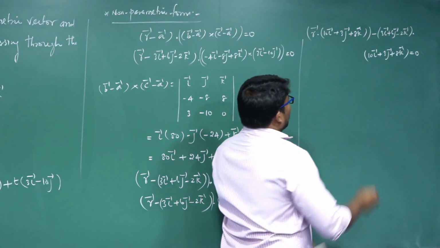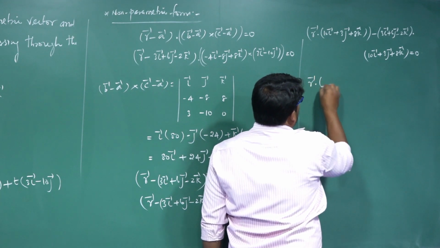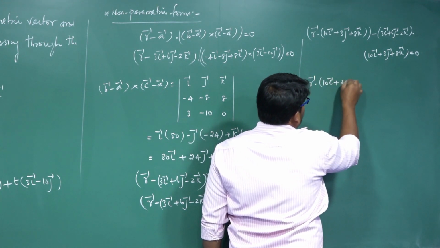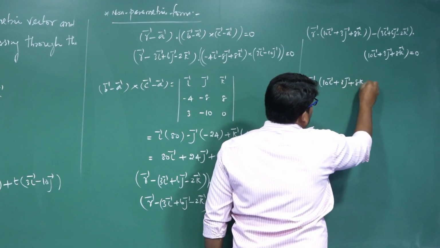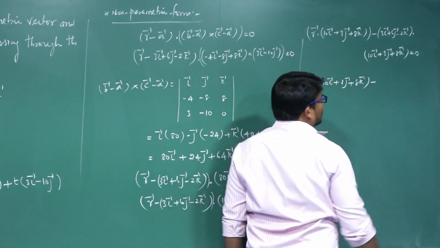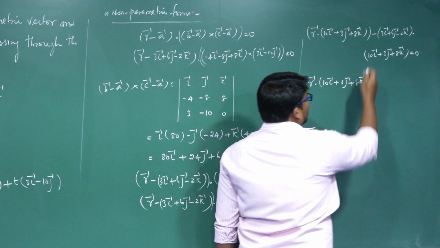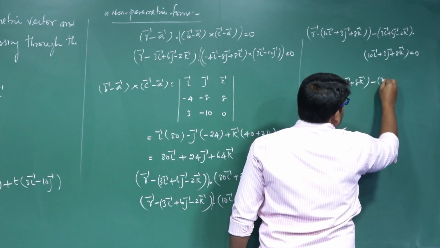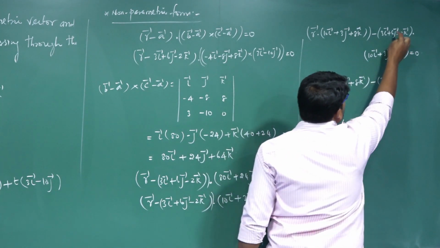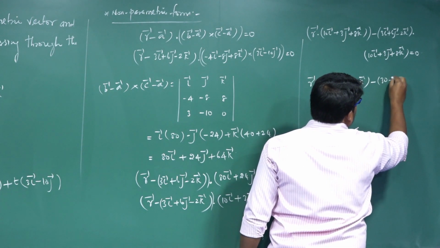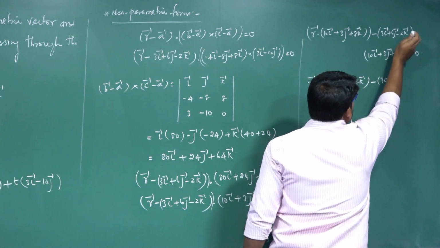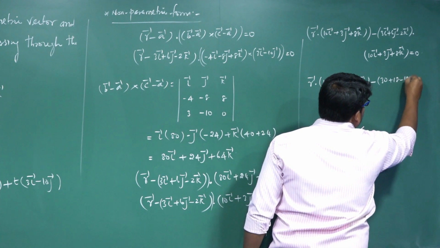Now the dot product of the two vectors: 10 into 3 is 30, next 6 into 3 is 18, plus 18, 8 into minus 2 is minus 16.